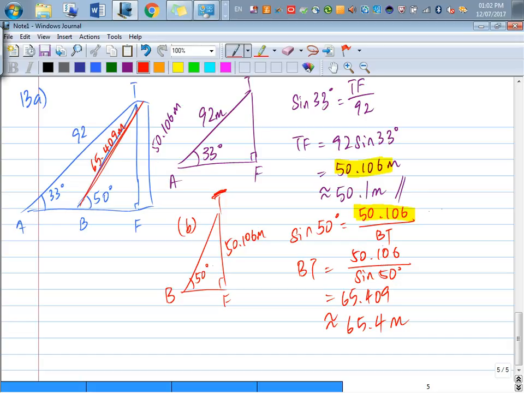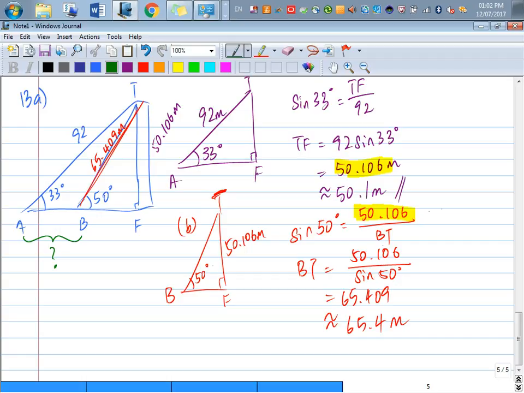Okay, now I need to find the length of AB for part C. Okay, what's the plan? What's the plan to find length of AB?